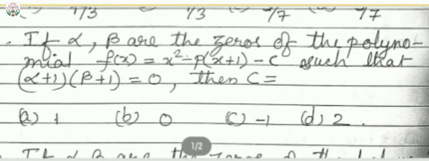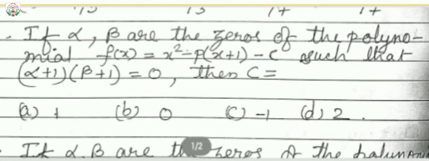Okay, so now alpha plus beta, the sum of the zeros, will be minus b upon a, that is minus p upon 1, that is minus p only, and alpha into beta, the product of the zeros, will be c upon a. So c is minus p minus c, a is 1. So alpha into beta will be minus p minus c.